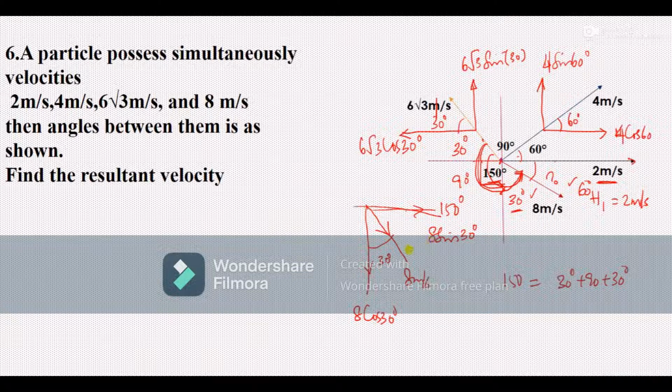Now we sum up all vertical components on one side and all horizontal components on the other. So V is equal to all the verticals, that is 6 root 3 sin 30 plus 4 sin 60, and minus 8 cos 30 because this is in the downward direction.